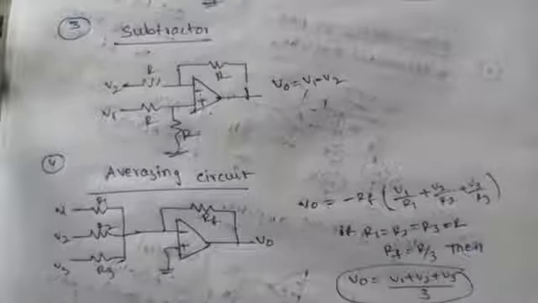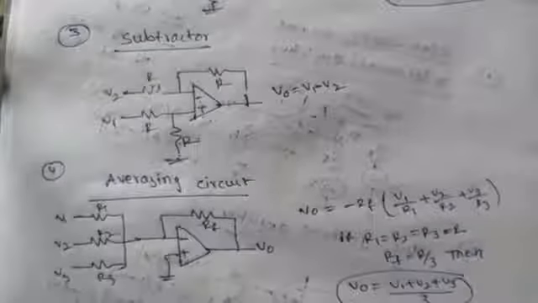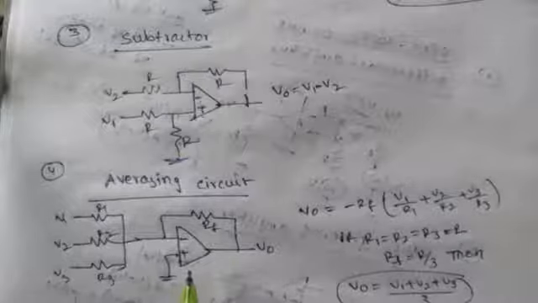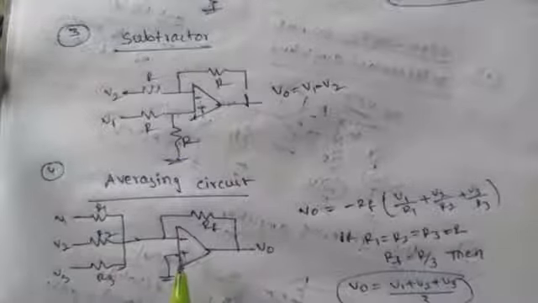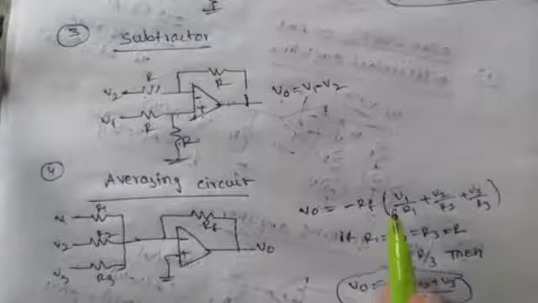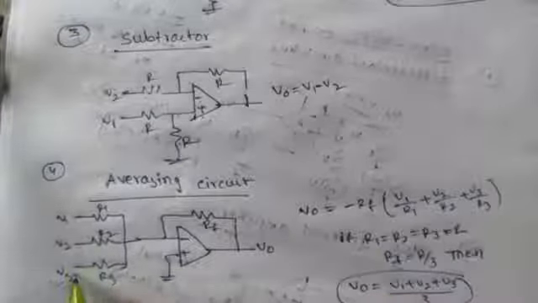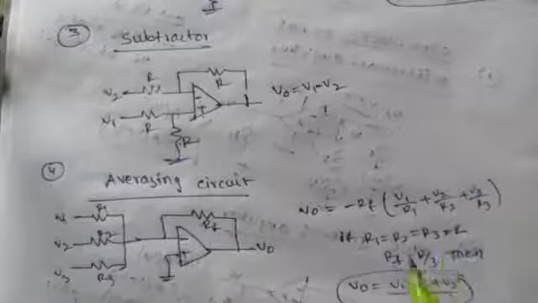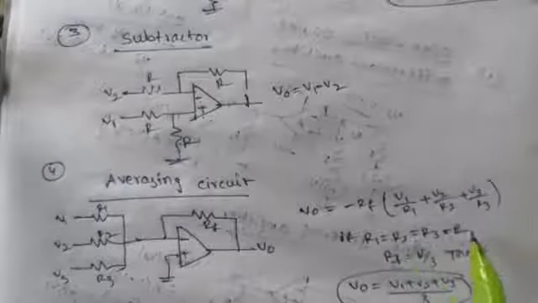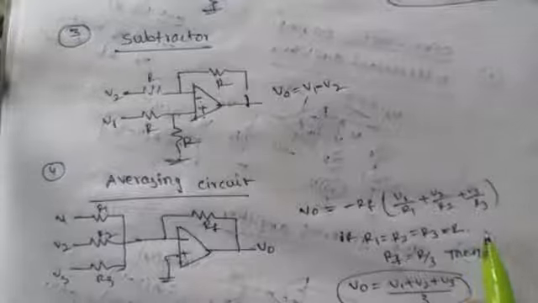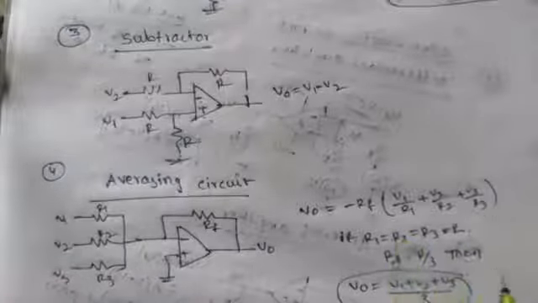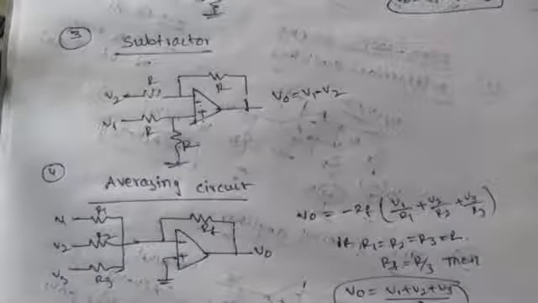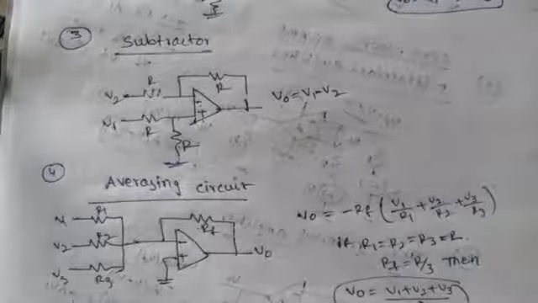For the averaging circuit, you have to consider that it is the summer circuit, the adder circuit only. So in this adder circuit in inverting mode, V0 is equal to minus Rf into (V1 by R1, V2 by R2, V3 by R3). In this case, R1 is equal to R2 is equal to R3 is equal to R, and taking Rf equal to R, what happens is V0 is equal to minus (V1 plus V2 plus V3).